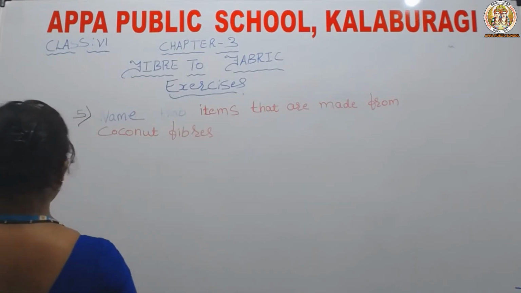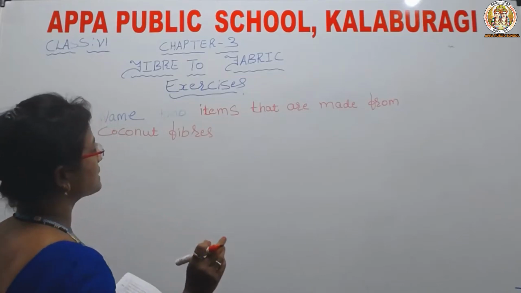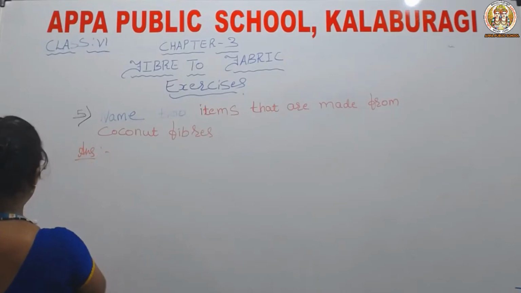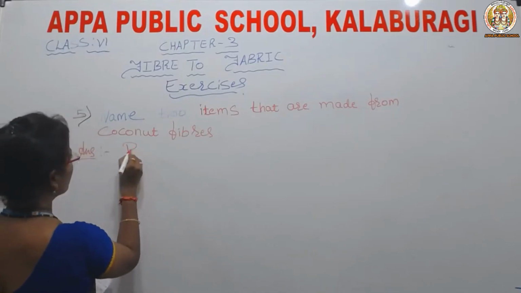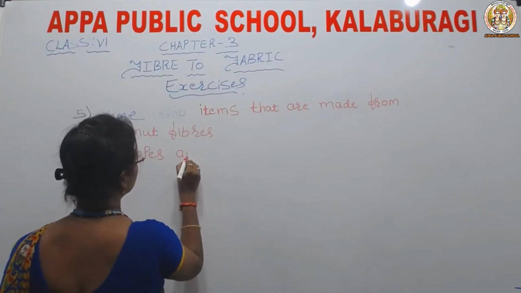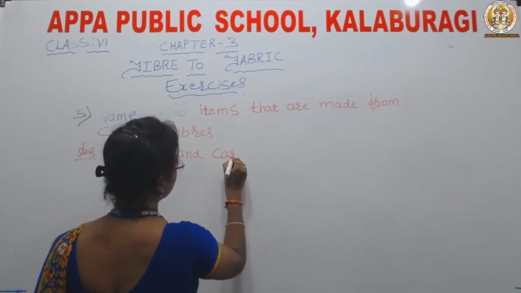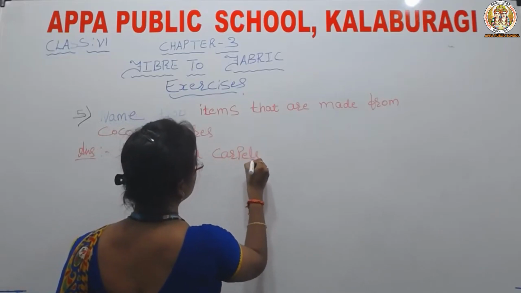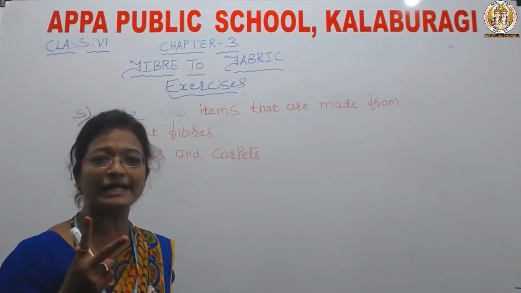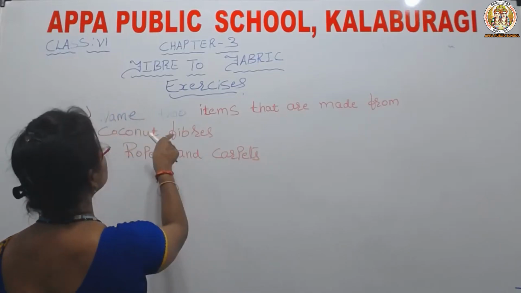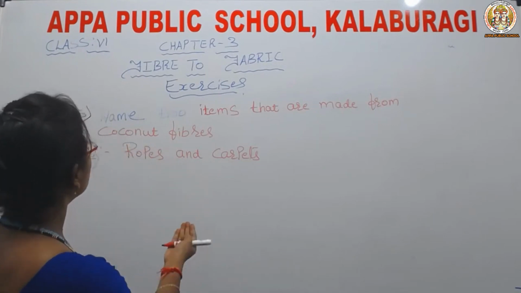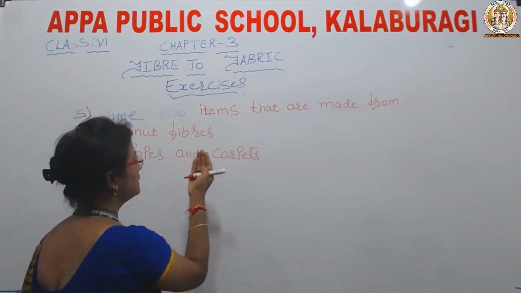Okay, so the question is, name two items that are made from coconut fiber. And the answer for that question is ropes and carpets. So from the coconut fibers, what are the items we get? We get ropes and carpets.